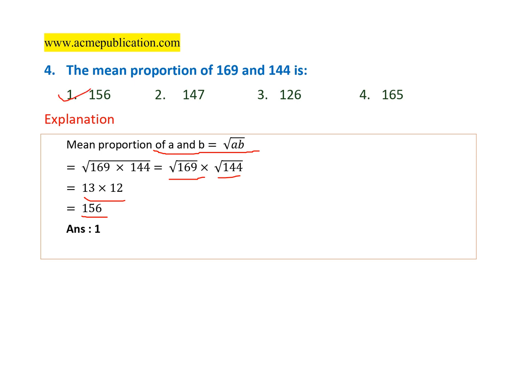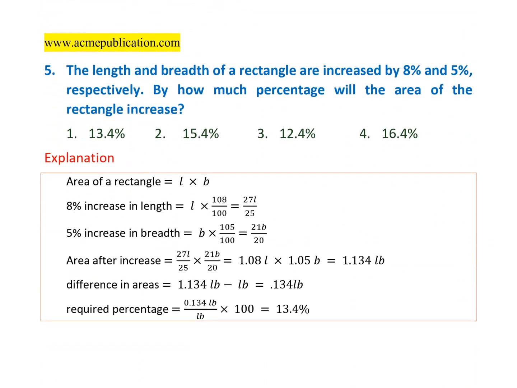Question 5. The length and the breadth of a rectangle are increased by 8% and 5% respectively. By how much percentage will the area of the rectangle increase? As we know, the area of a rectangle is length into breadth.